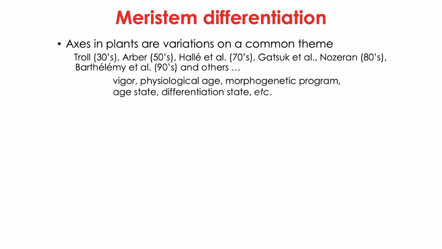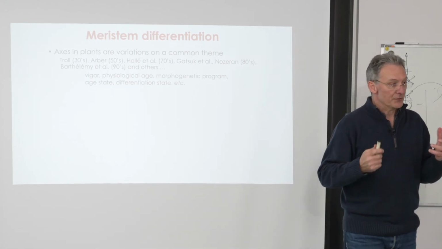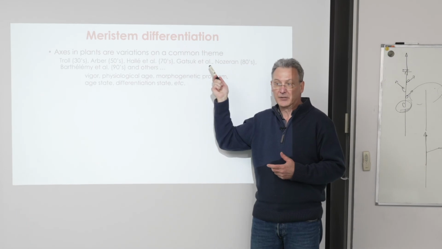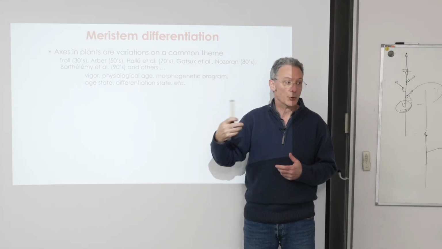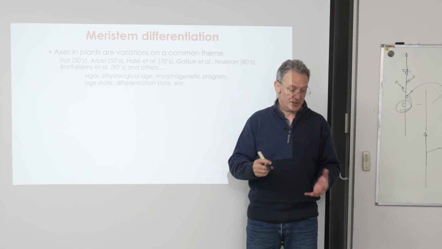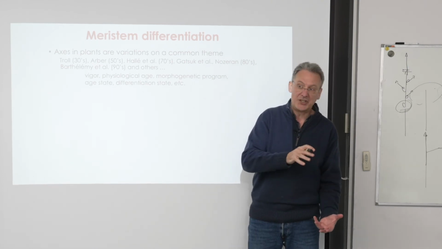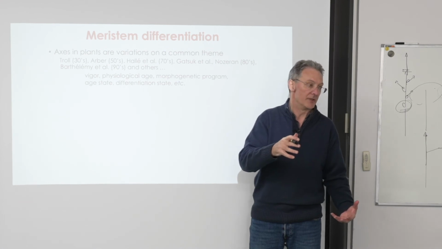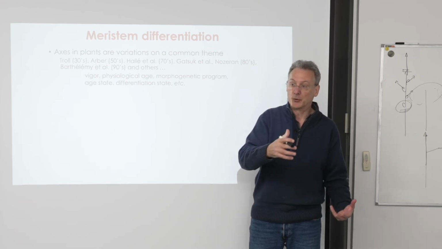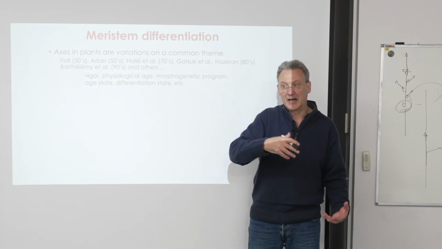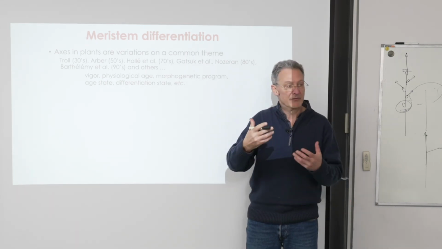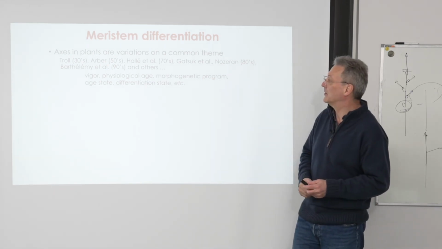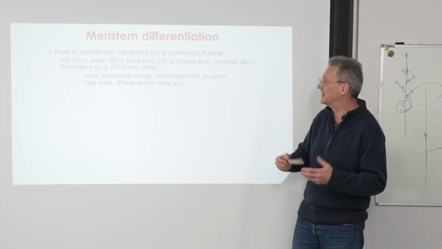And actually this corresponds to the notion that plant axes can be seen as a variation on the theme of producing an axis. When you have a young axis, you will have plenty of phenomena that can be produced by the meristem. And then as you get older, the number of things that you can do will decrease, in number and in vigor.